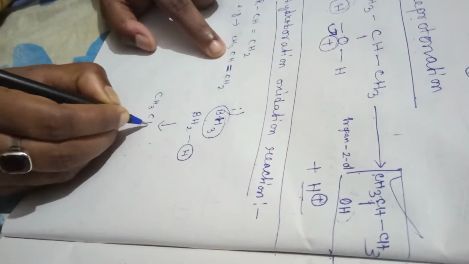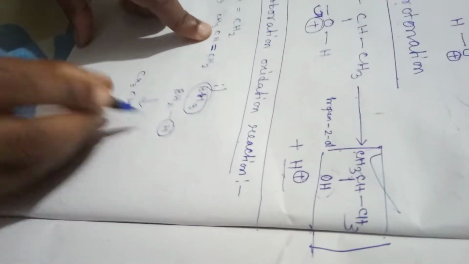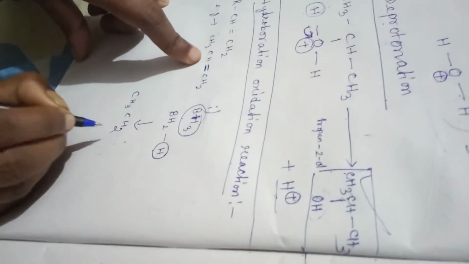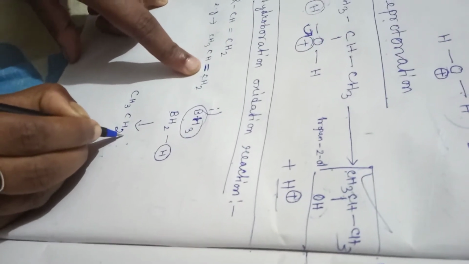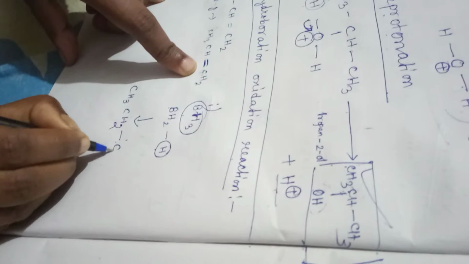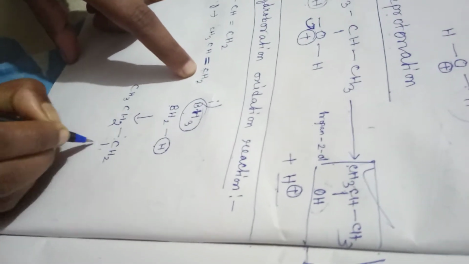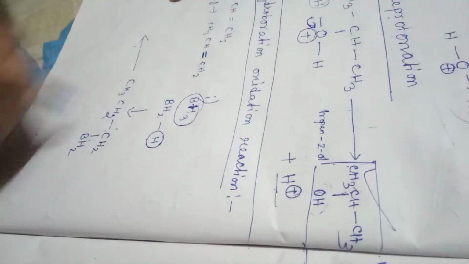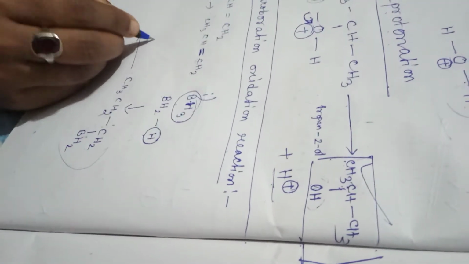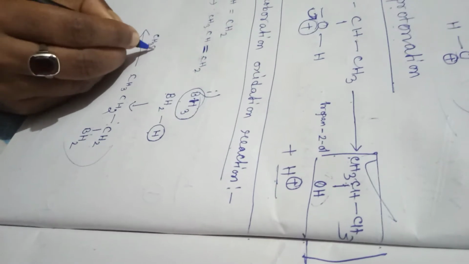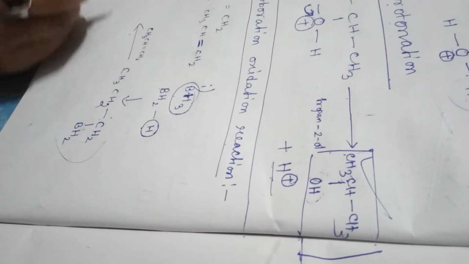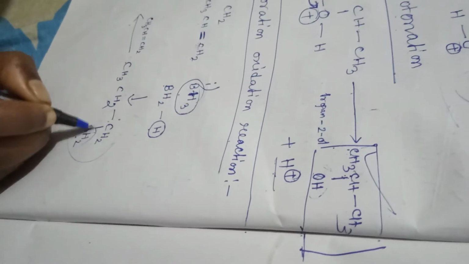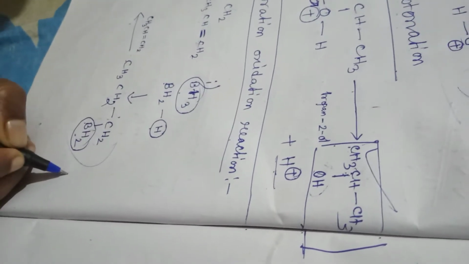So the product will be CH3 CH2 CH2 with BH2 attached. Is that clear? This compound will be formed, and then another molecule of CH3 CH double bond CH2 will be added, and similarly this BH2 will be divided as BH and H.